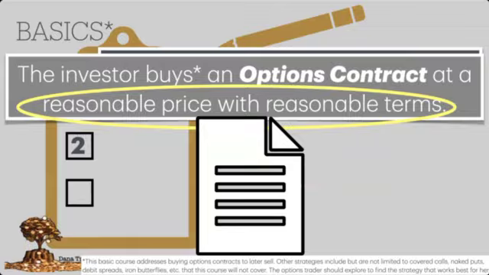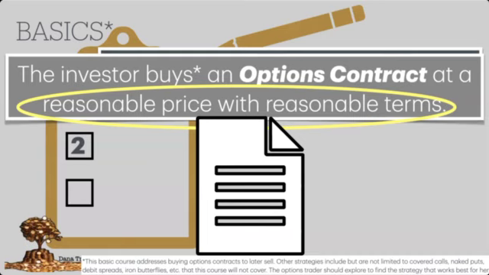An options trader may question, how do I know if the contract price, premium, or the terms, strike price and expiration, are reasonable? These factors are based upon the investor's analysis as discussed in step 1.